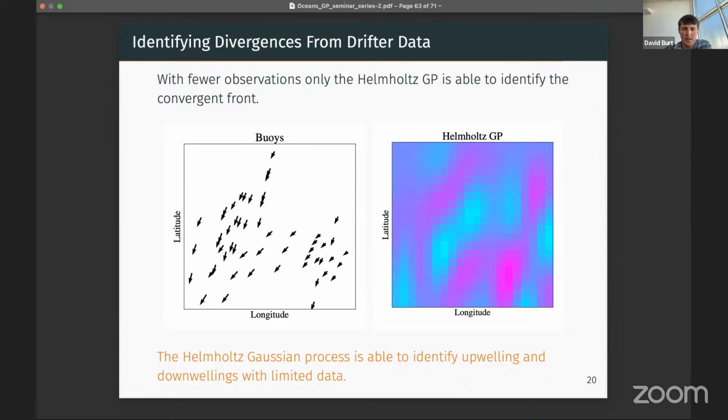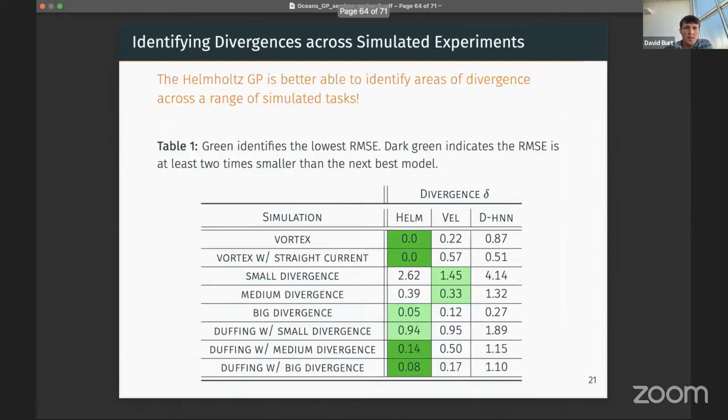So the Helmholtz GP generally seems to be able to identify these upwellings and downwellings with more limited data than the velocity GP. So just to give some sense of how the methods perform across a range of tasks, we looked at a bunch of simulated experiments.